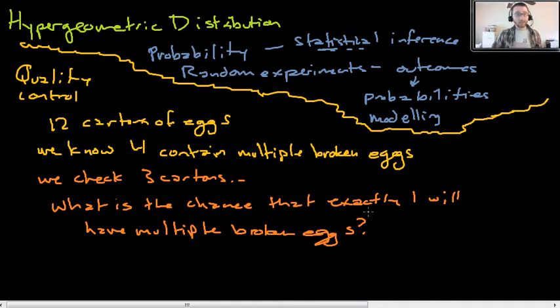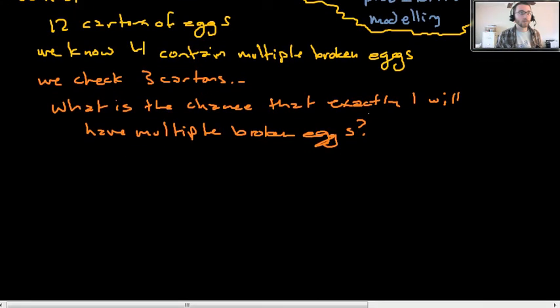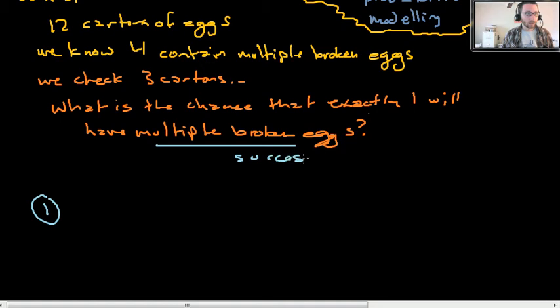We did the same thing over and over again. But in this case, let's try to model this process the way we did when we did binomial distribution. So the way we would run this is first we inspect one carton of eggs. Let's call finding a carton with multiple broken eggs a success, and not, less than or equal to 2 broken eggs, would be failure.